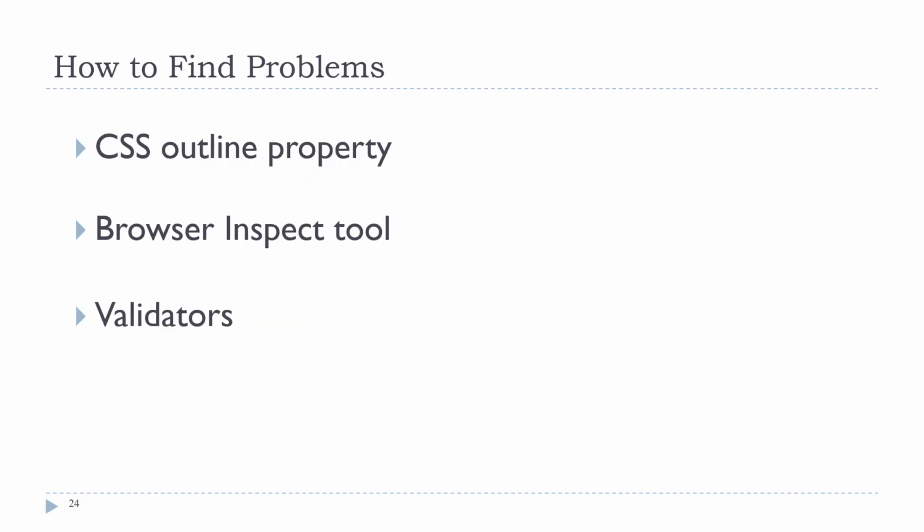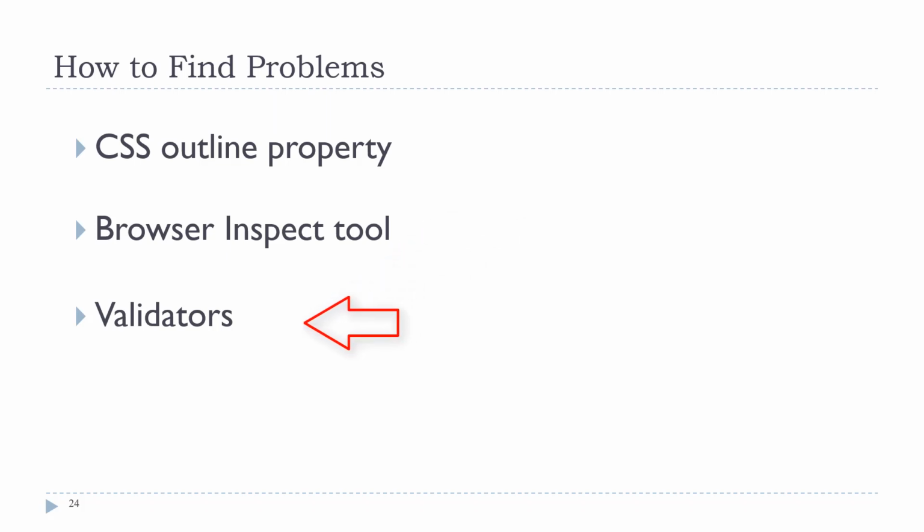There are several ways to find problems or to verify that your styles are being applied correctly, that your layout is correct in the HTML document. The first is to use the CSS outline property that will enable you to actually see where your elements are. We also have the browser inspect tool. You can right-click on any area of content in the browser and you will see what styles are being applied to that.